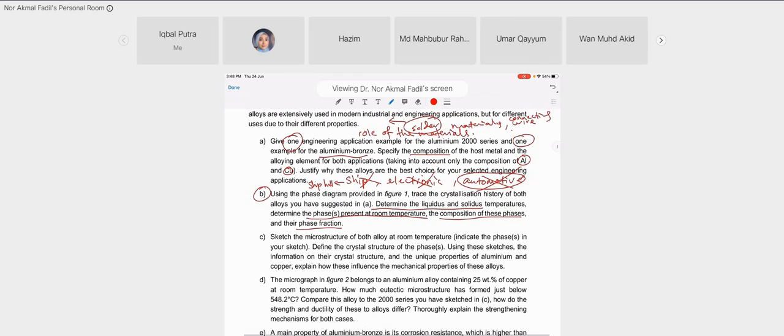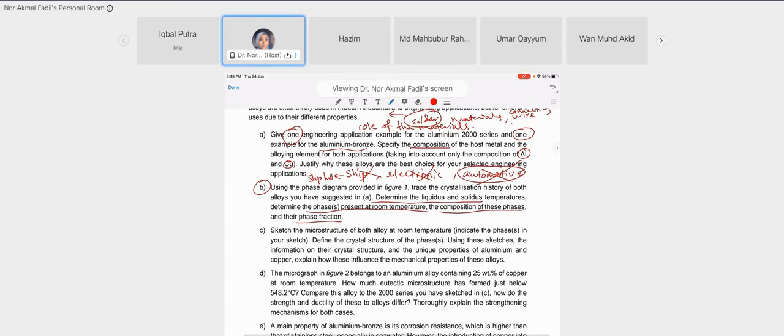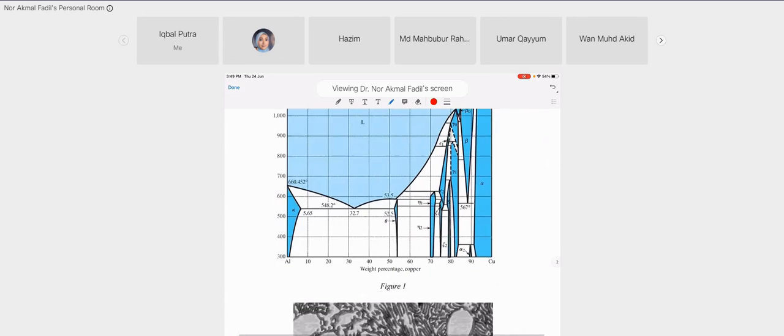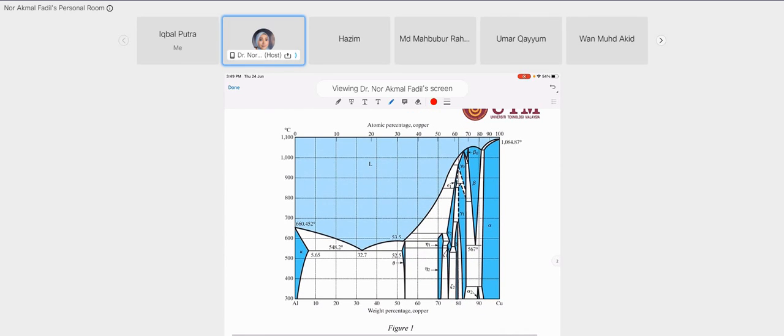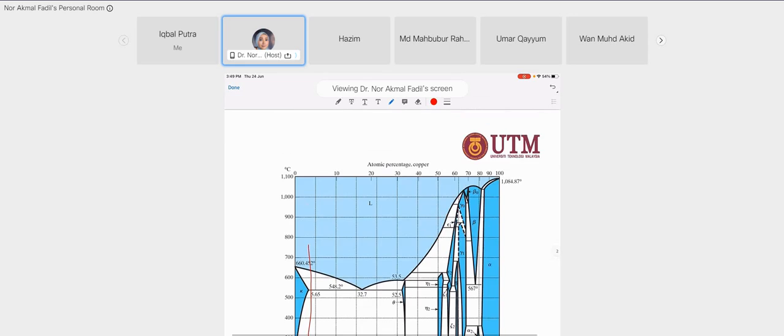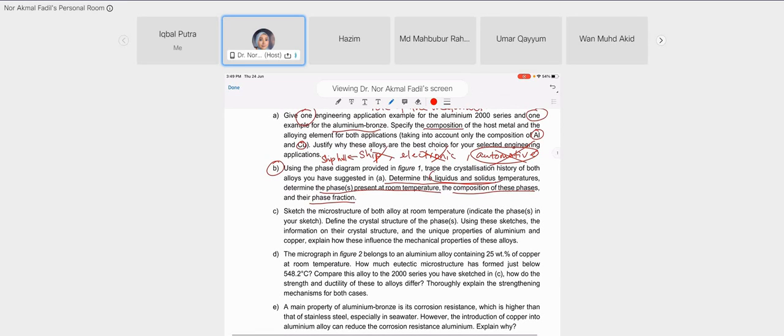Whatever the composition, let's say you choose this composition, 8% aluminum. You need to determine the liquidus and solidus lines.